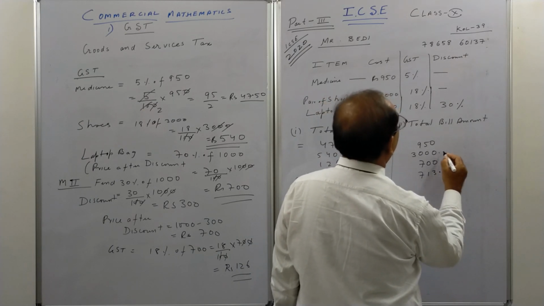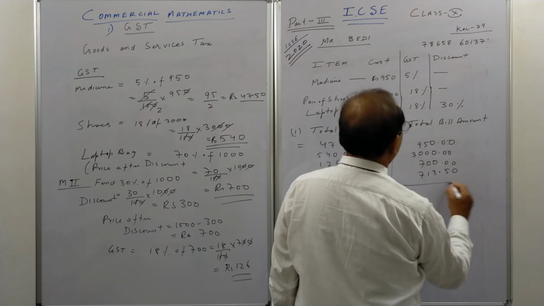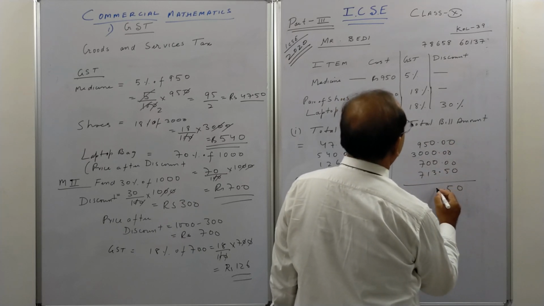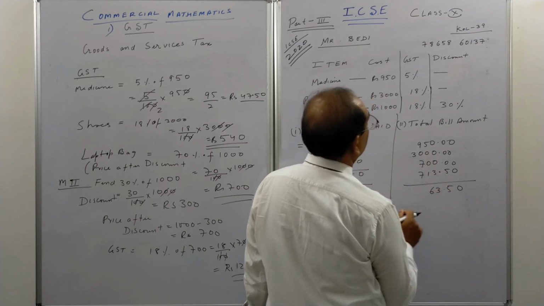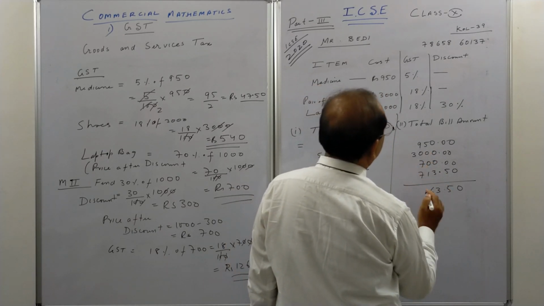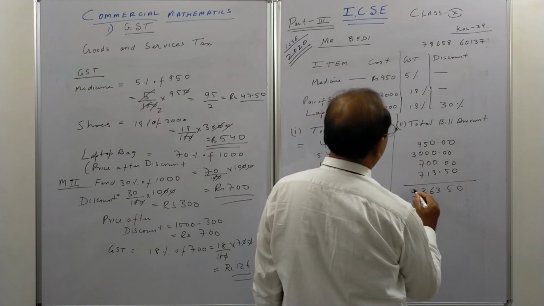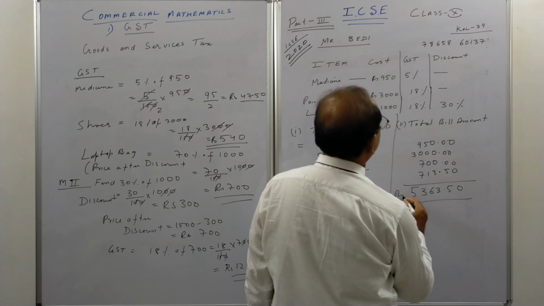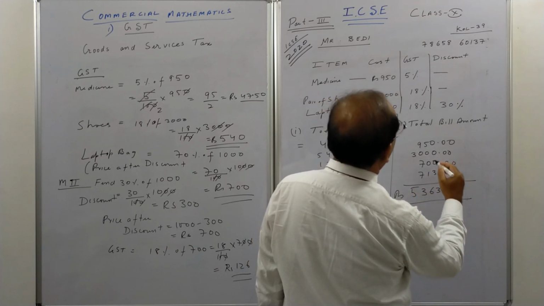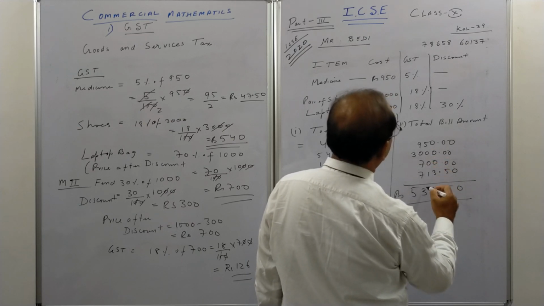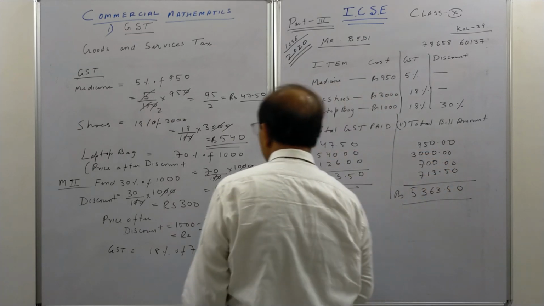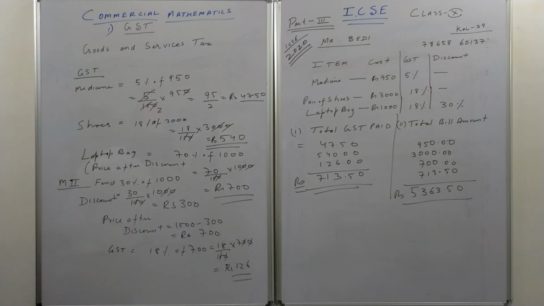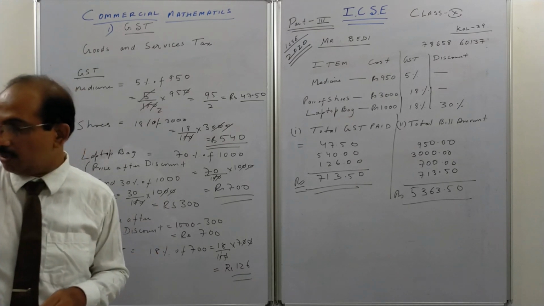Children, two places of decimal. Something very important: 590, 3000, 700, 713.50 added. So this is the price which he will pay after GST, 5363.50. Now listen very carefully.